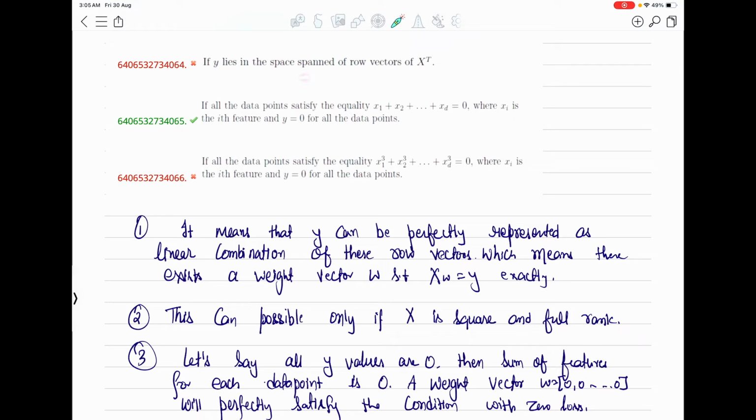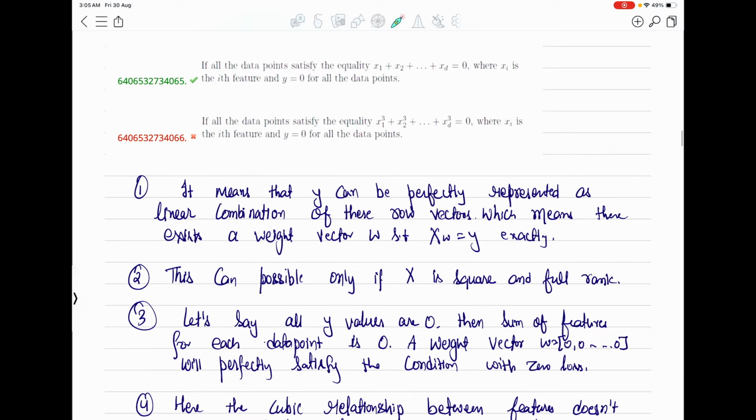Now next is if all the data points satisfy this equality, where xi is the ith feature and y equals 0 for all data points. So let's say that all y values are 0, which is already given, then the sum of features for each data point will be 0.